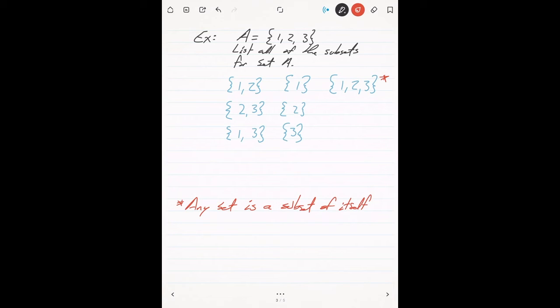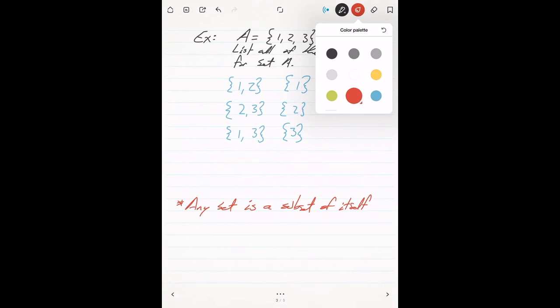So if you had to have an example of a subset for 4, 8, 16, 32, well, you could say a subset of that is the exact same set. Okay? Every set is a subset of itself. And that just comes from the definition.